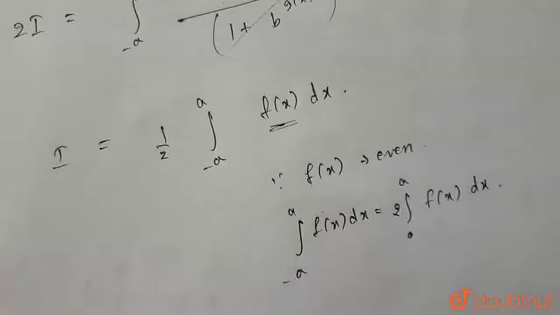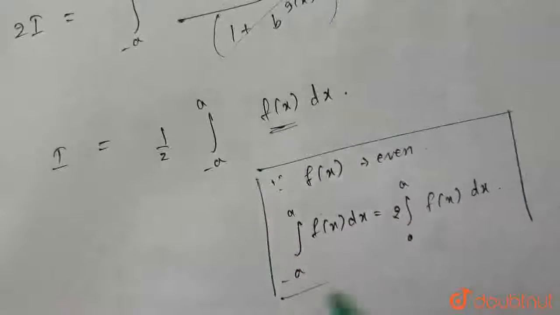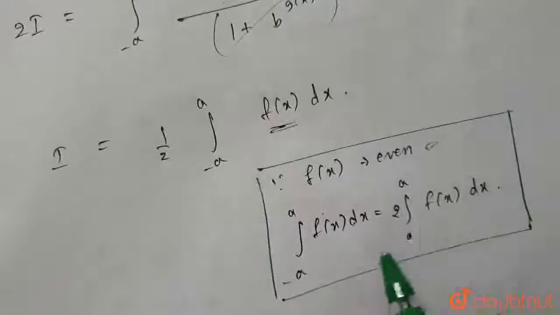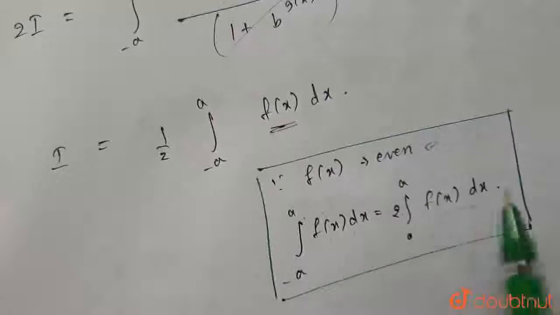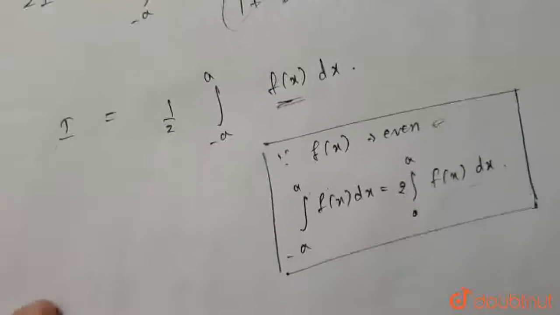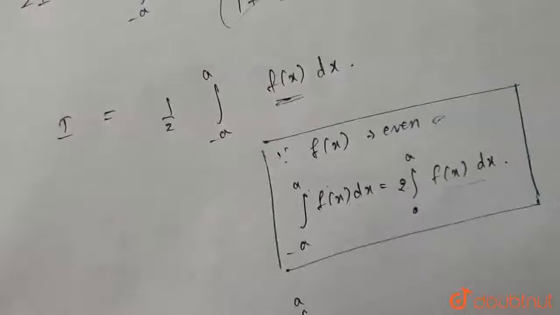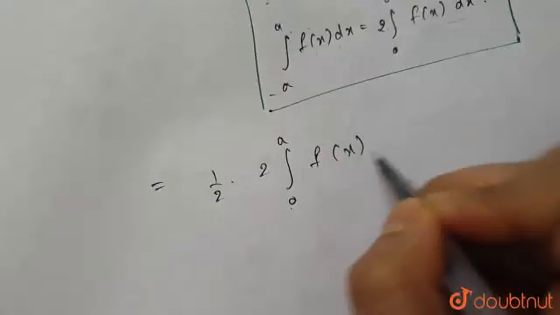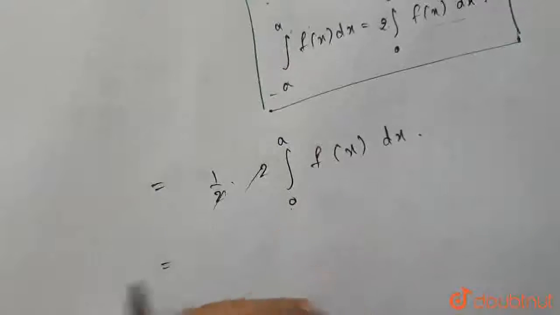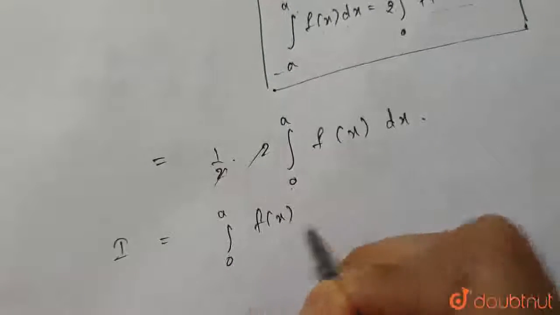This is a property of definite integration: when f(x) is even, we can write the integral from minus a to a of f(x) dx as twice the integral from 0 to a of f(x) dx. Now we will use this, and we can write half of twice the integral from 0 to a of f(x) dx. Now I equals the integral from 0 to a of f(x) dx.